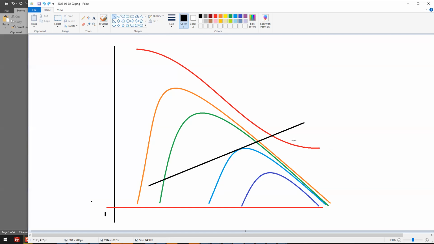If you position your operating line here, so if you had used another inlet temperature of that value, then you can see all points to the left of this point are closer to the green line, and the green line is a lower rate region than this blue line. So all points to the left here have a lower reaction rate. All points to the right here also have a lower reaction rate. So at this point, we have the maximum reaction rate. And then the same applies here.